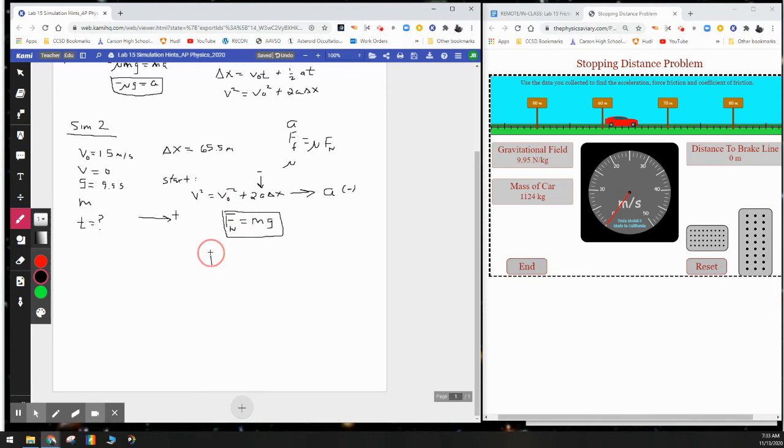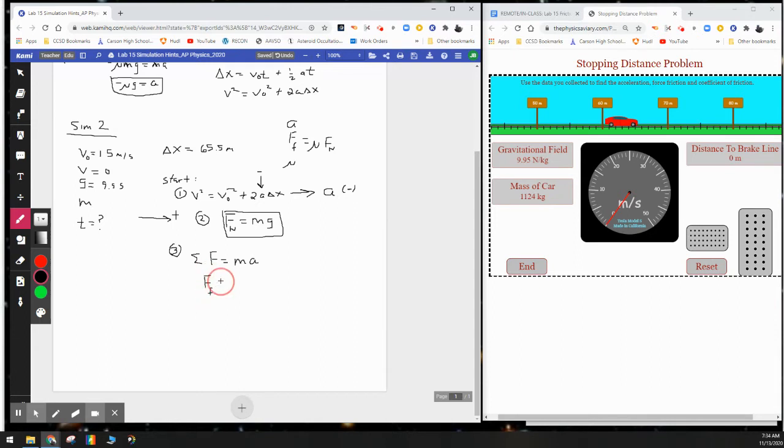The sum of the forces is equal to ma. This will be part one, maybe this will be part two if we need it, and this will be step three. So step three: the only force acting here is going to be the force of friction, so we can put in here friction.